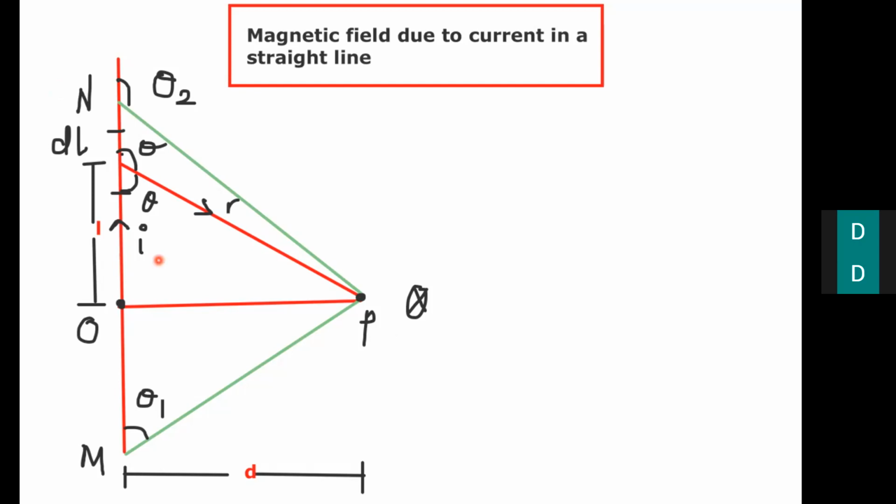Then there is a current element, a small element of the wire, given by dL, and this current element is making an angle theta with the resultant vector R. Then if we see the endpoints, we take projections from point P to the ends of the wire, and the angles are theta 1 and theta 2.